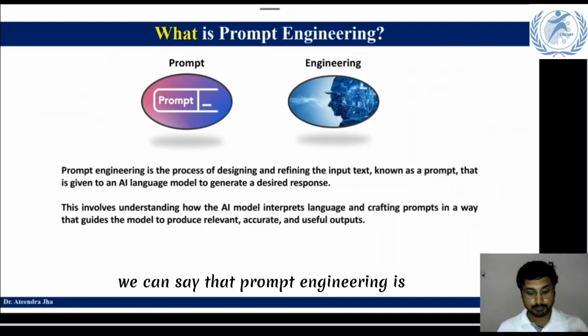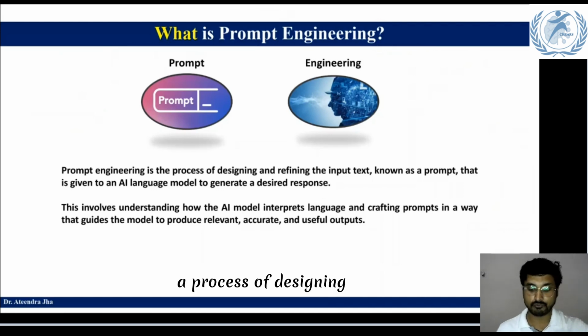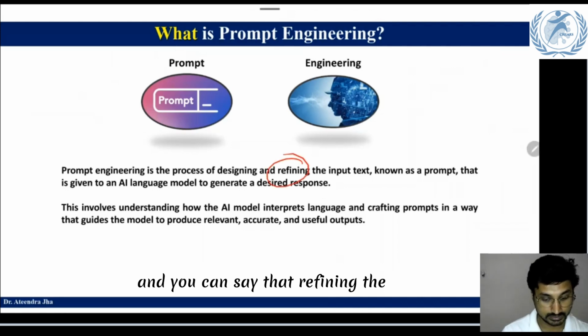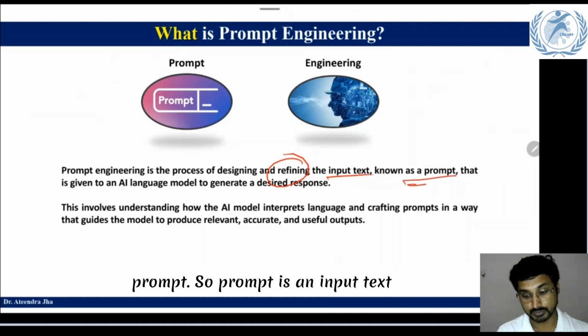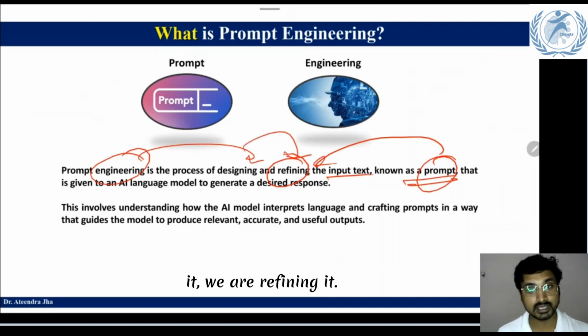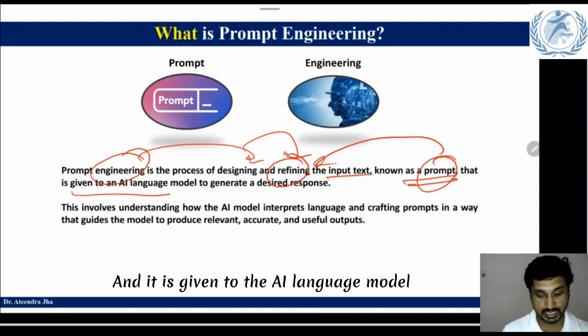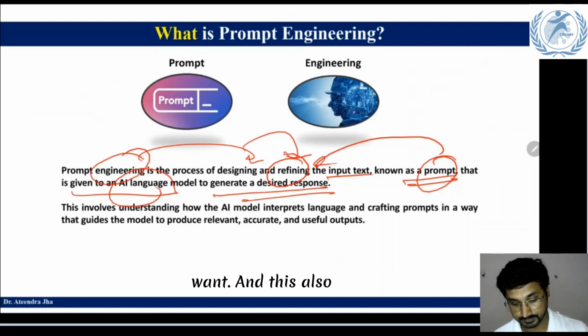So we can say that prompt engineering is a process of designing, and you can say refining, the input text known as prompt. So prompt is an input text, and with the engineering we are designing it, we are refining it, and it is given to the AI language model which will generate the response you want.